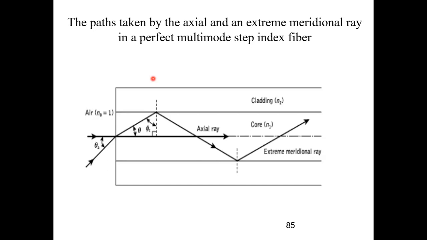No ray can travel at a different velocity. It is the speed of light at which they are transmitting. So both the rays are traveling at the same velocity. Also, the refractive index is constant. So that is what we are mentioning.